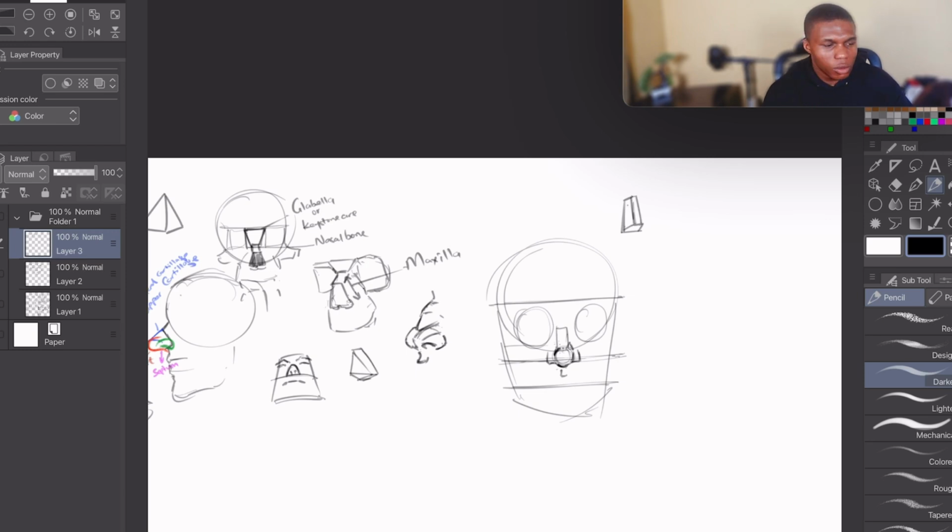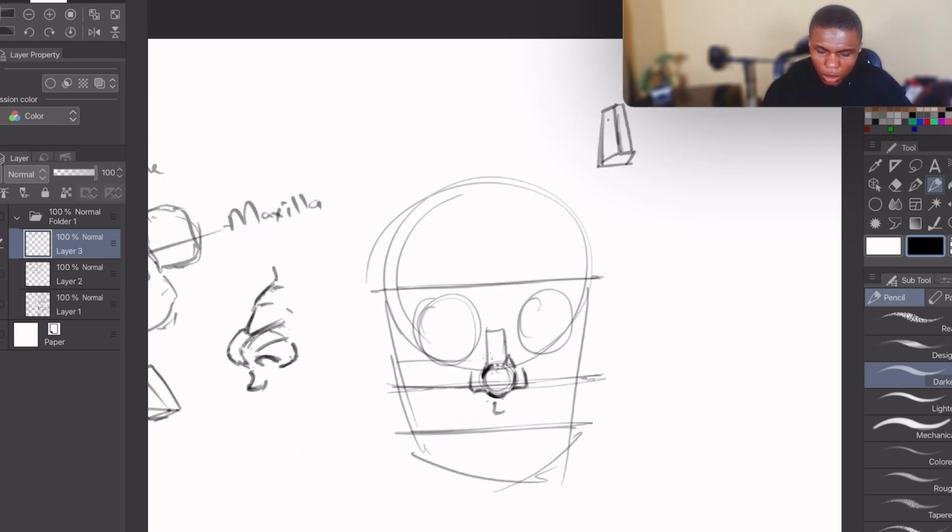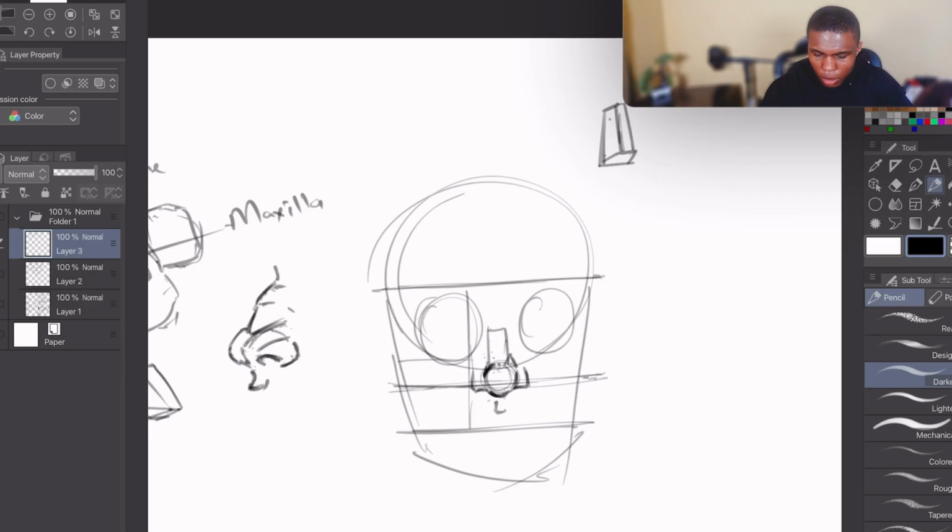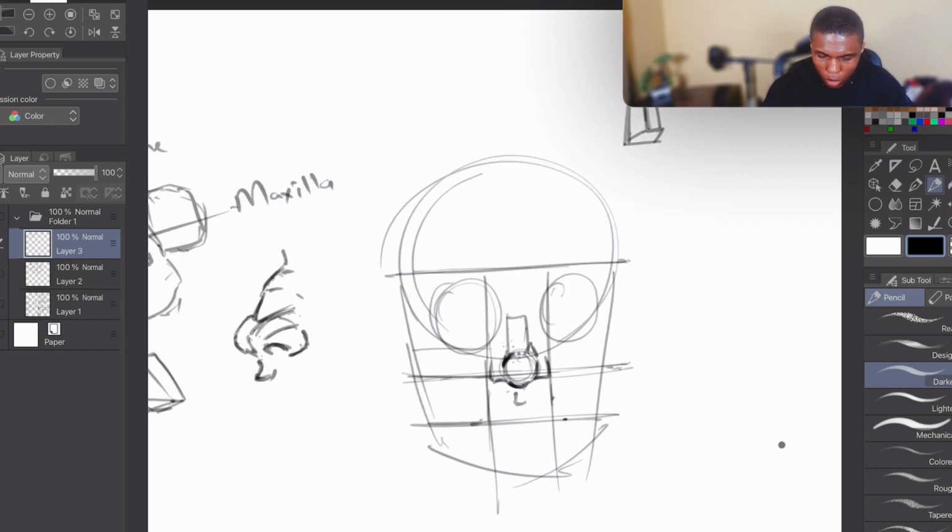So the placement of the nose on the face: the nose sits in between the eyes, in between the eyes here, and straight down to the mouth. So the mouth is just a little bit above it, to the side, to the width. That's the width of the nose. So these guidelines are going to help you when drawing the nose, and then you can place your eyes here.